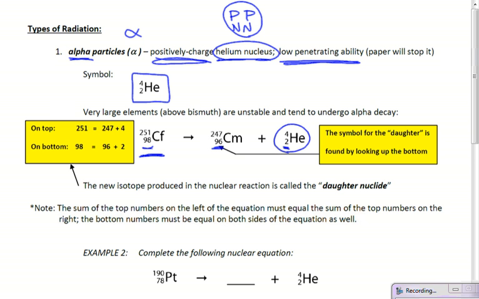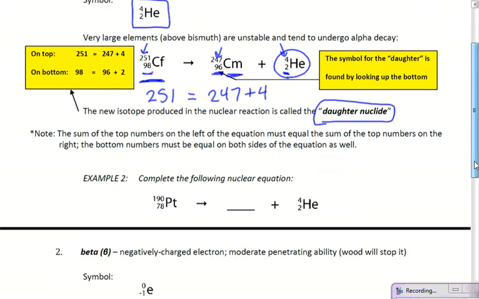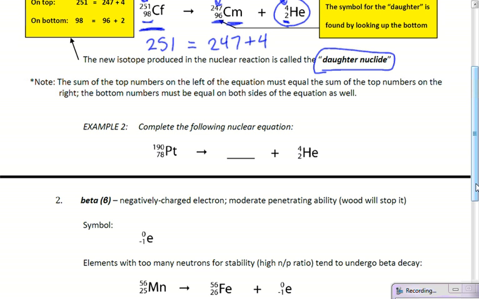And then the same thing with the top. If we have 251 right here, we take 4 of those particles away, and we're left with 247. 251 is equal to 247 plus 4, which is 251. The new isotope that we made, this curium atom here, is what we refer to as a daughter nuclide. It was produced, it was made. I don't know why it's not a son nuclide, but we call it a daughter nuclide. And you just have a little reminder there about how everything has to add up.